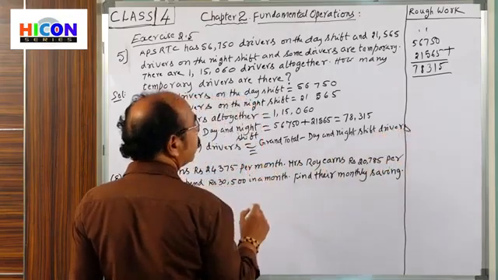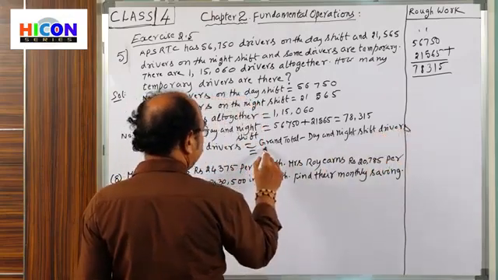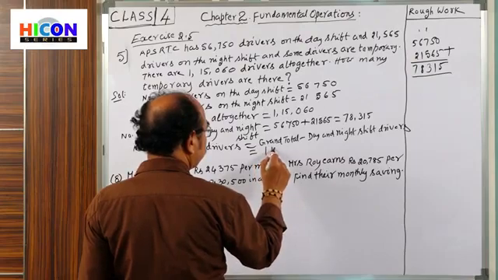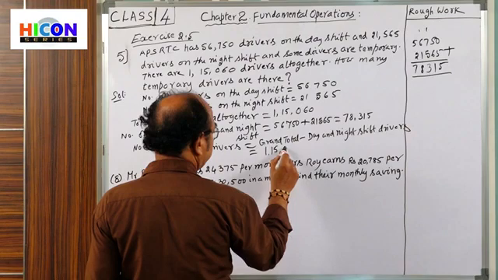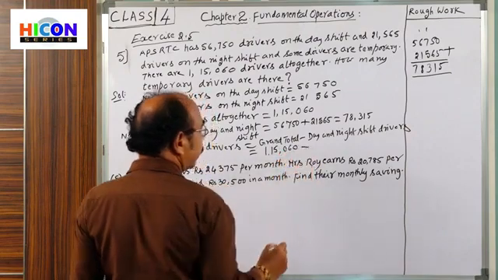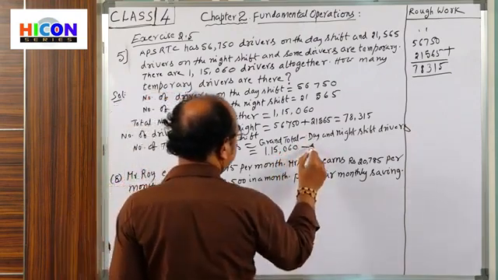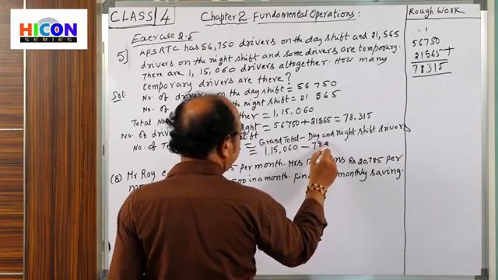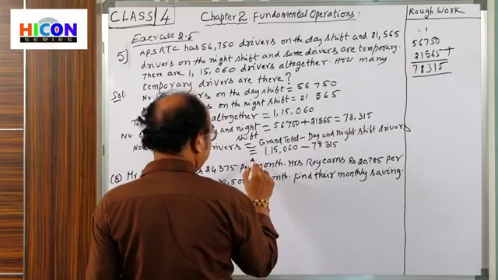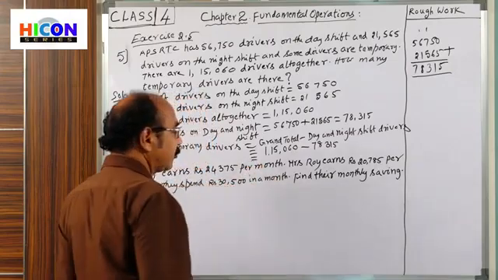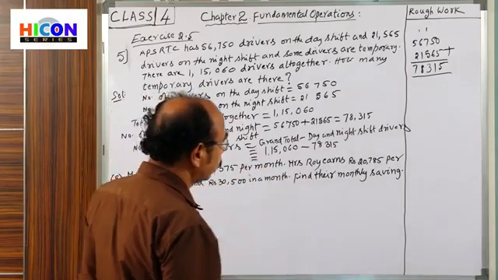So here what we do? 1,15,060 minus 78,350. After subtraction, you can get the answer. Okay, children.